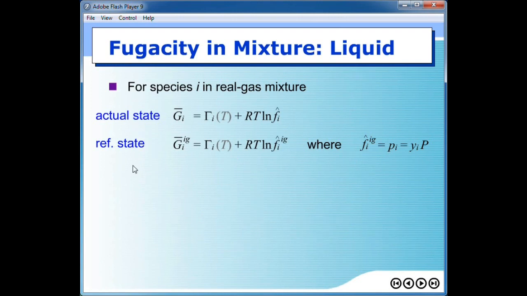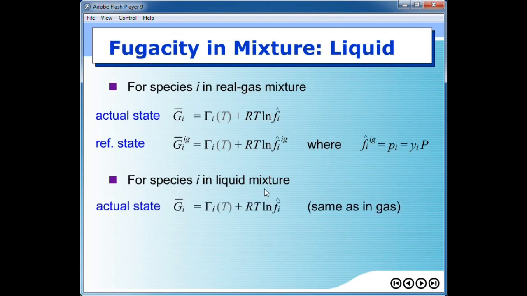Now, we are going to do the same thing, but this time we are going to change the status of our mixture from gas into liquid. So if we consider species i now in a liquid mixture, we learned so far that we can use the same equation. This equation was derived based on a gas mixture, but it is applicable for a liquid mixture.